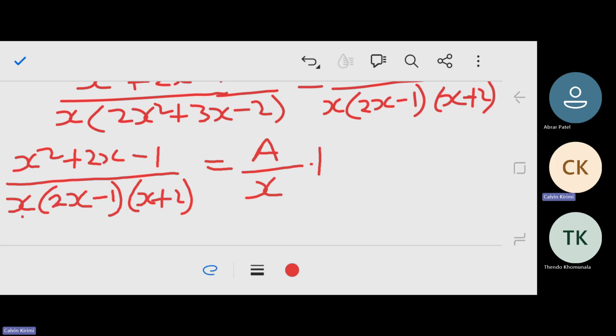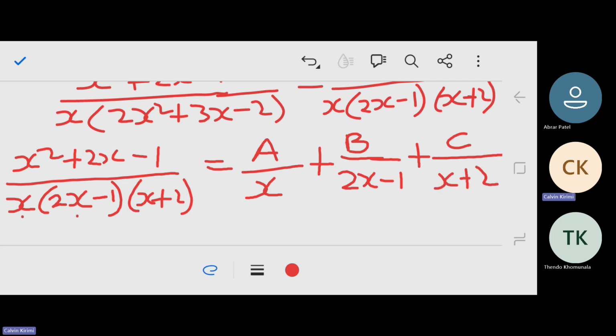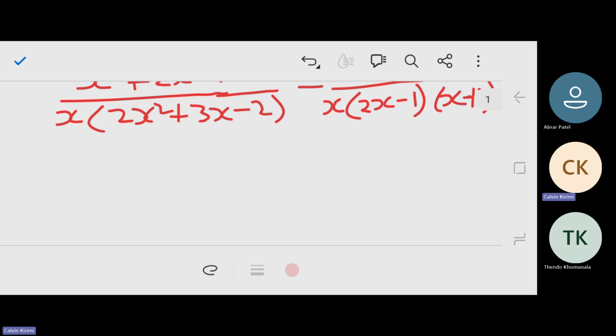And plus B over the second term, which is 2x minus 1. Plus we are adding a constant C over x plus 2. So that is what we are basically doing on this expression.